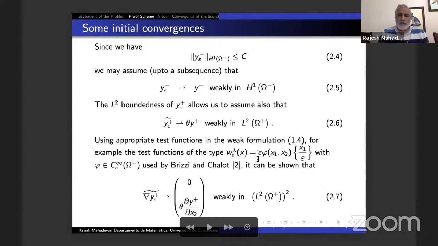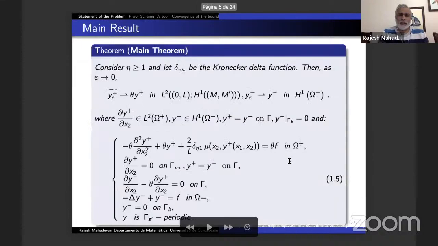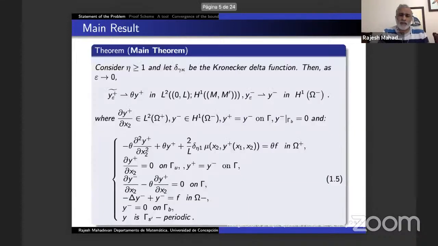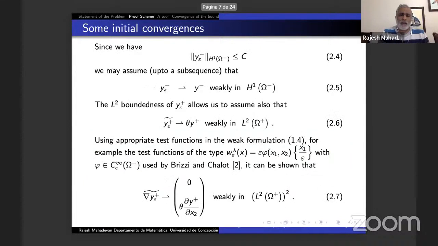And if you use these test functions in the weak formulation, which is here, and pass to the limit, then all the terms will drop out except the ones which involve the gradient. And from that, you can conclude that the extension by 0 of the gradient of y epsilon plus has the following structure.